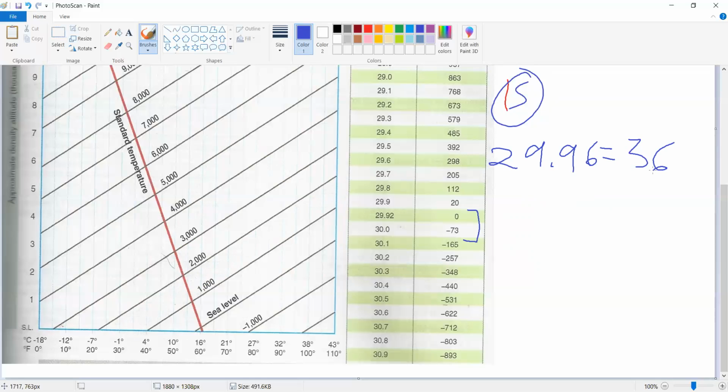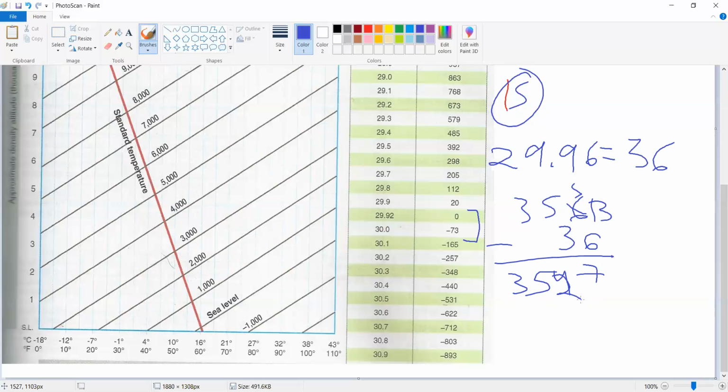And the feet MSL given is 3,563. So all we have to do is subtract 36 from it. That should give us our answer. 5 minus 3 is 2. 3,527. All right, so that is our answer for 15.